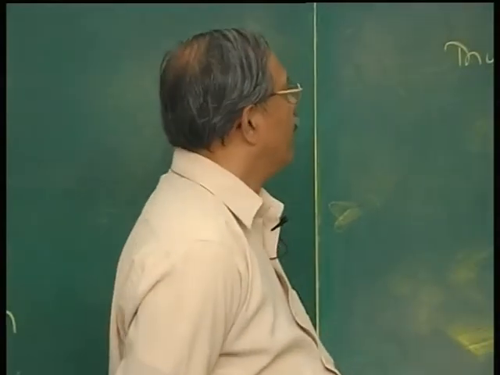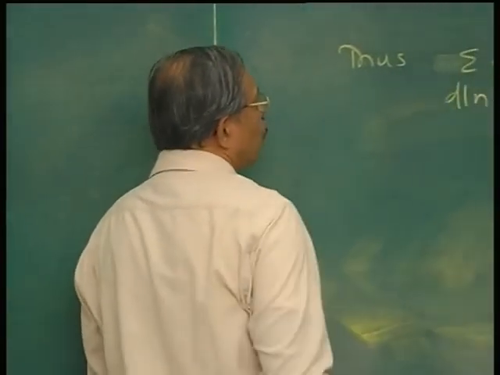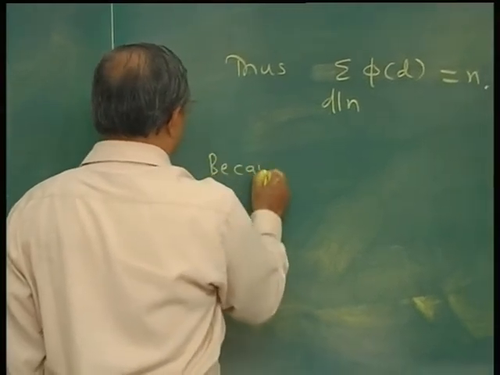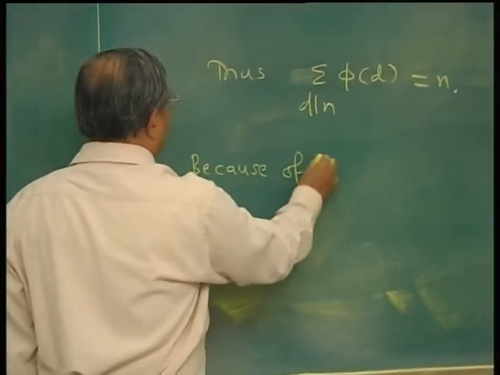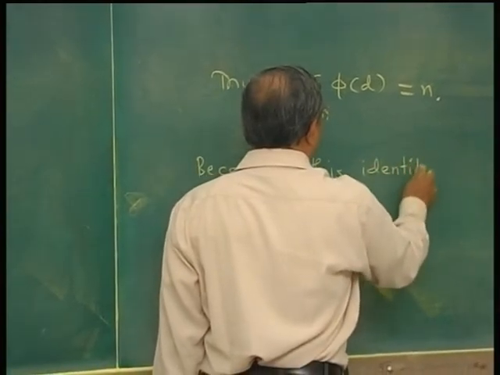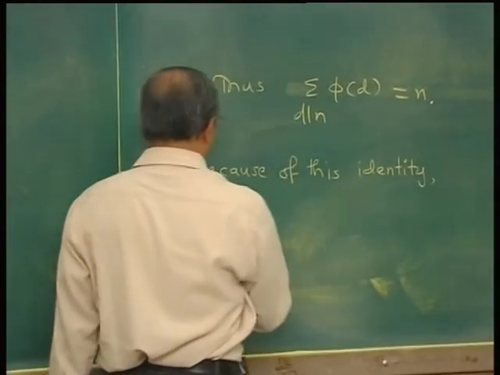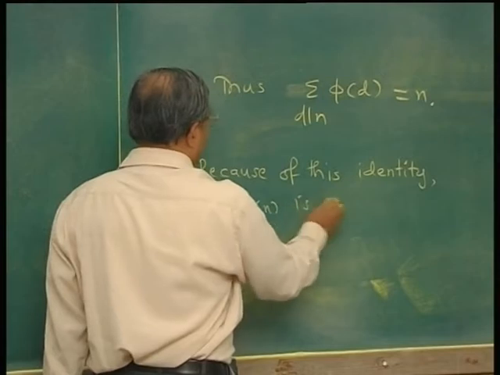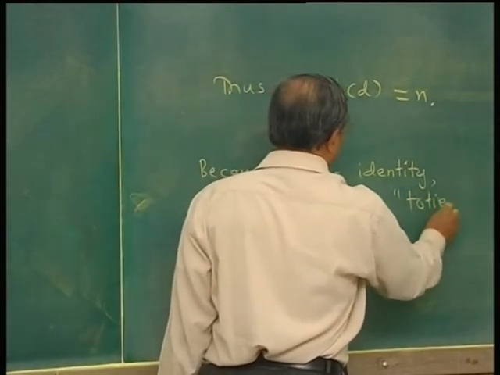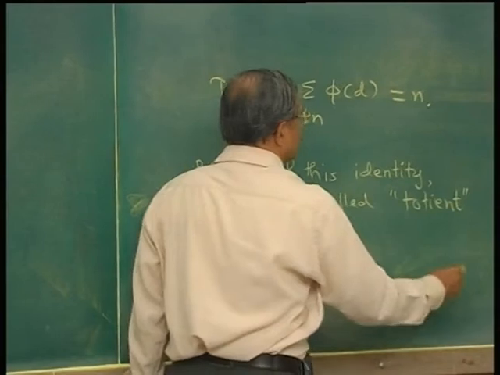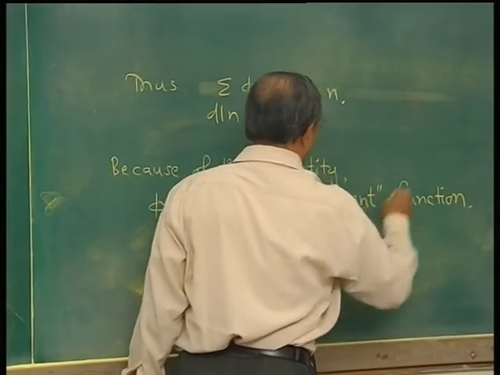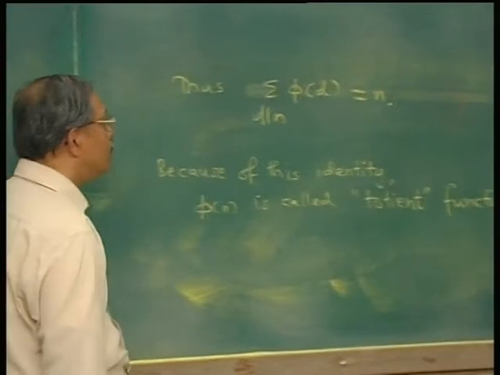That's why this phi is called the totient function. The word totient refers to parts.